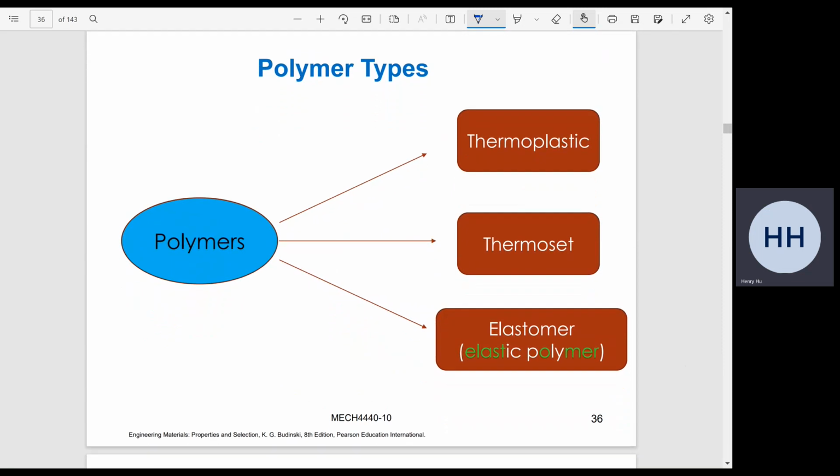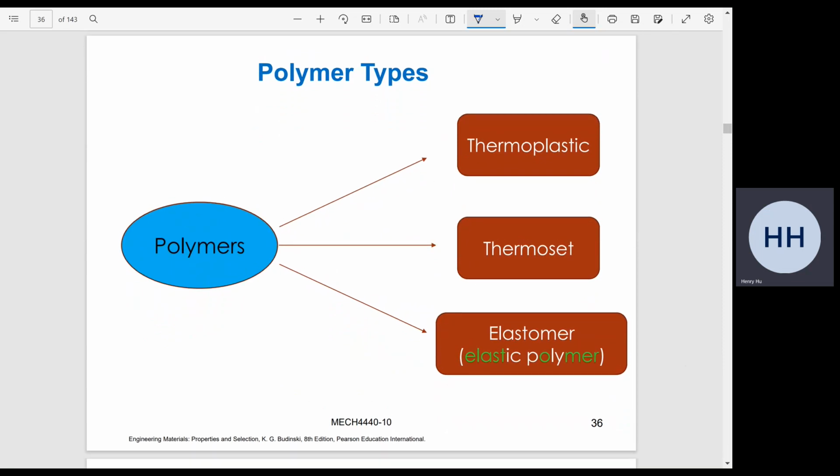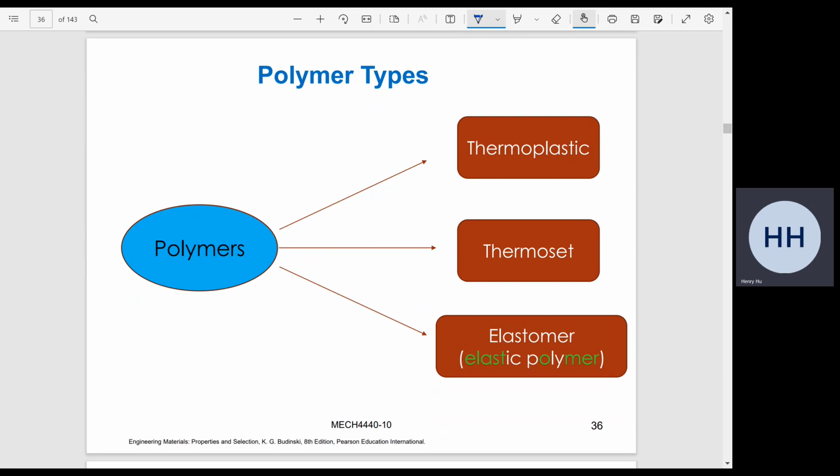And I think in terms of the bonding structure, which is reflected in the mechanical properties, polymers can be divided into three different types. If you're just a mechanical person, you would probably think their properties are quite significantly different among these three types of polymer.